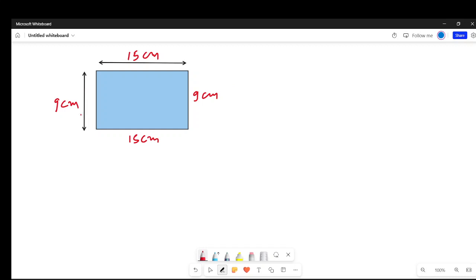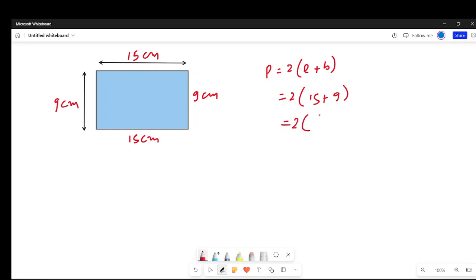Then without denoting any words, we look at this figure. We see this is a rectangular shape, and for this type of figure we use the formula 2 times (L plus B). What is the length? 15. What is the breadth? 9.